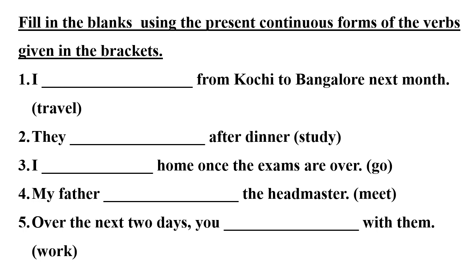I dash from Kochi to Bangalore next month. And the verb given in the bracket is travel. So after the subject I, we have to write the helping verb will be. And then with the verb given in the bracket, travel, we have to add ing. I will be traveling from Kochi to Bangalore next month.